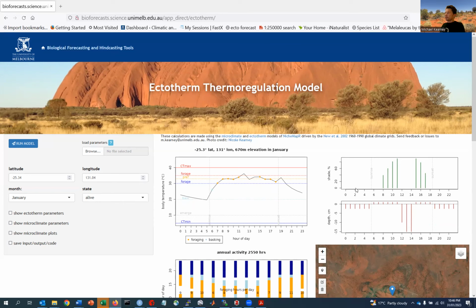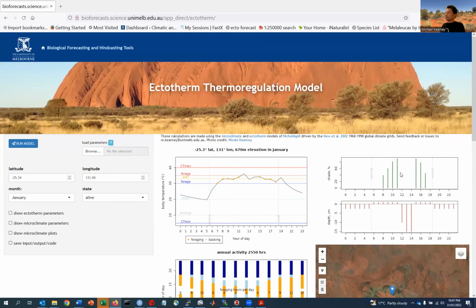You can see that it's achieving this by choosing shade. There's shade being chosen between 8 in the morning and 11 in the morning, and then also between 3 p.m. and 5 p.m. And you can see that the animal is on the surface from about 6 in the morning through to about 11 in the morning, and also from about 3 in the afternoon through to about 6 in the evening.